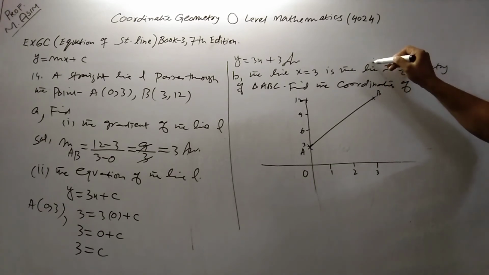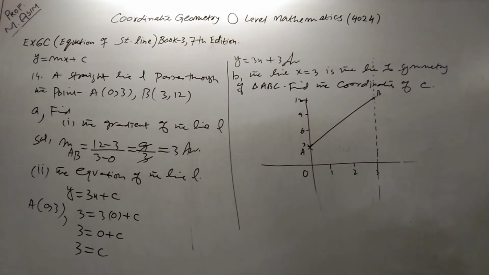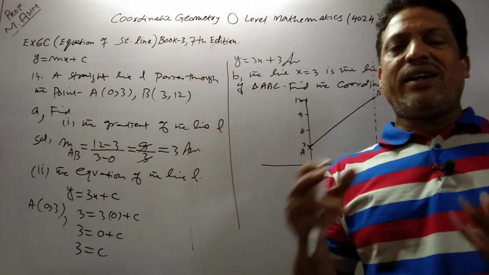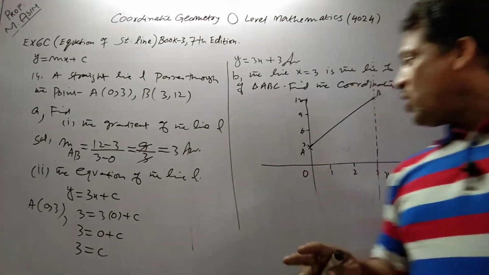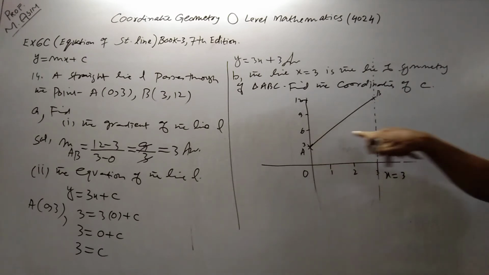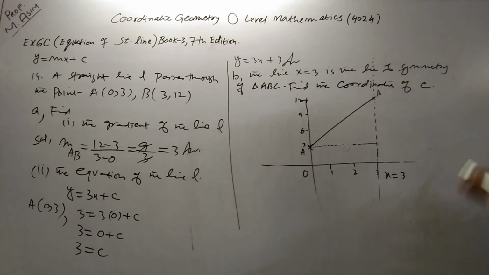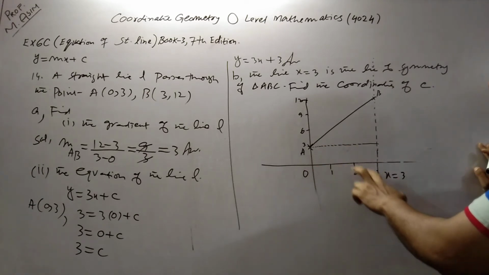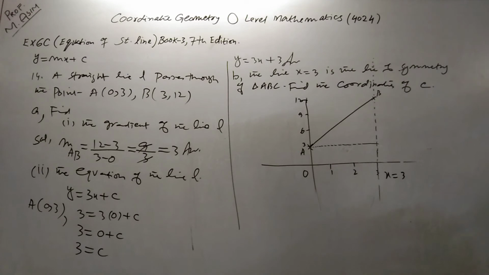So first you have to draw a line from 3. This is the line x equals 3. You know, students, a line of symmetry means a line which cuts the given shape in a 1:1 ratio, or you can say 50-50%. So if the distance from A to this line, from 0 to 3, is 3 units, therefore the distance from this line to the other point is also 3 units.